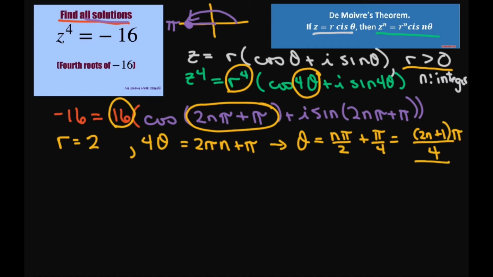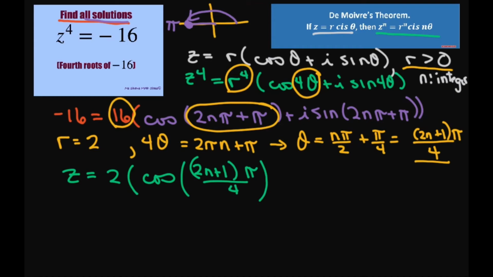Now that we have that, let's write our new equation as z equals 2, that's your r, times cosine of your angle. Now your new angle is 2n plus 1 times pi divided by 4.